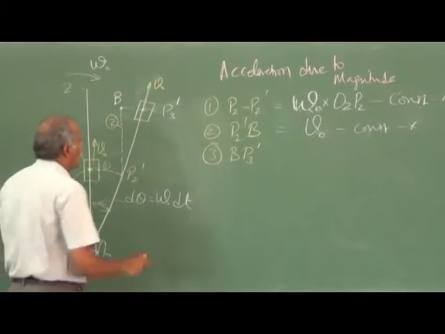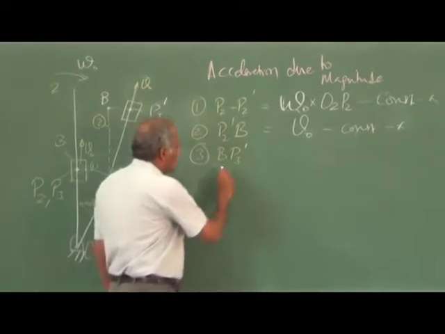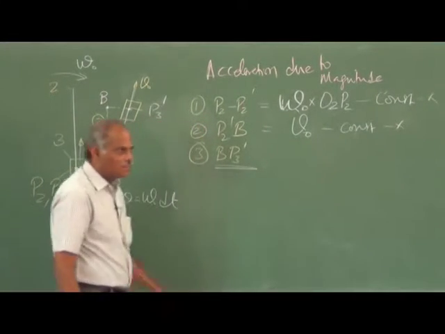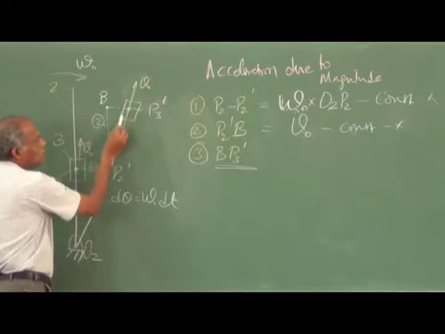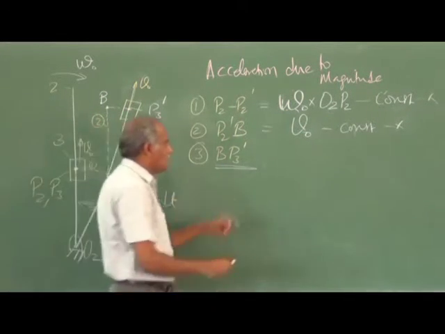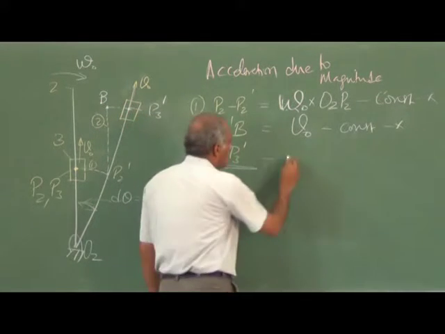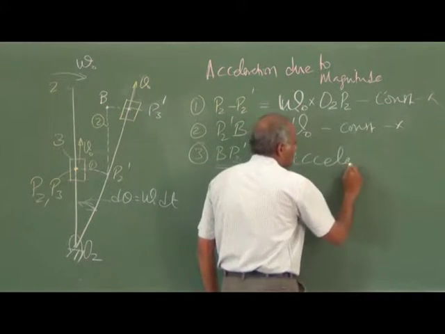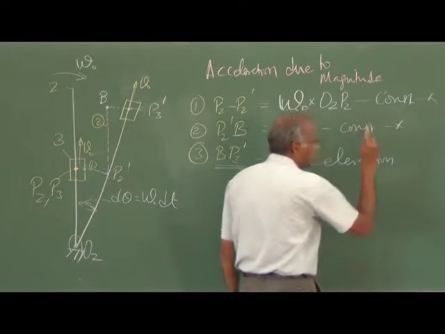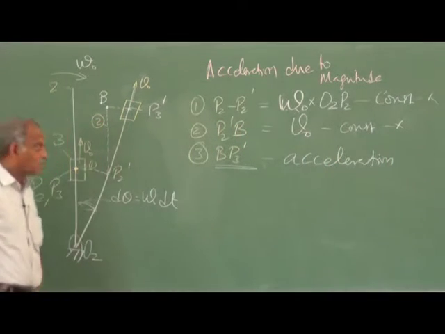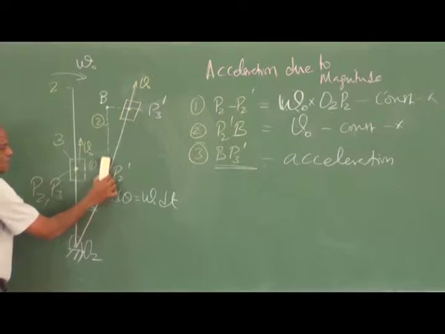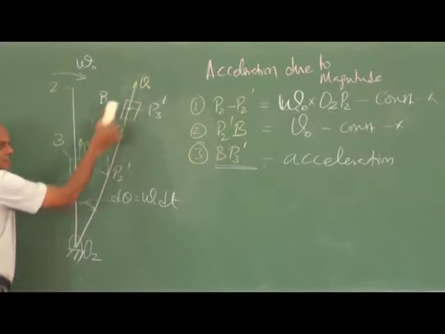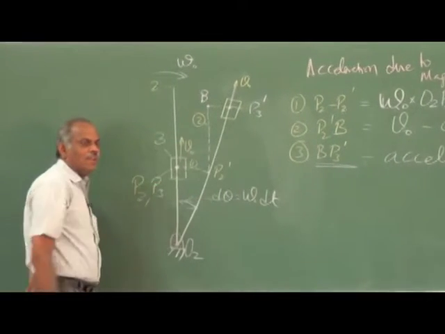So the acceleration would come only in this particular path. As it moves from B to P3 dash, the acceleration is happening due to the magnitude. So only here the acceleration is taking place. So what is this? From here it has moved here, here, here. It is split in that way.